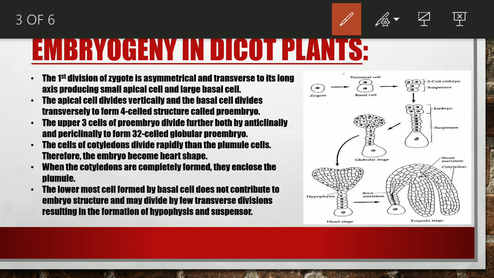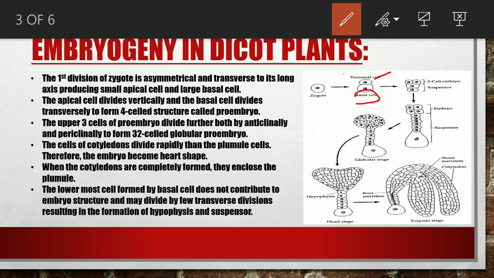The first division of the zygote is almost always asymmetrical and transverse to its axis, producing a small apical cell and large basal cell. This division provides polarity to the embryo.